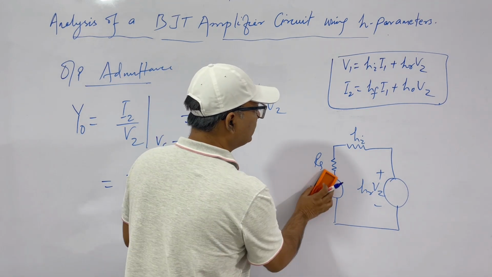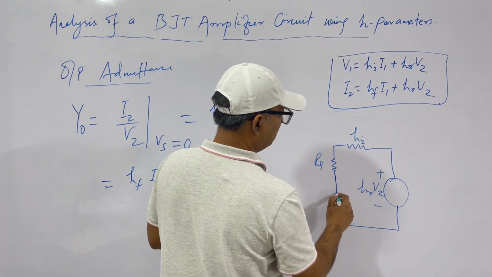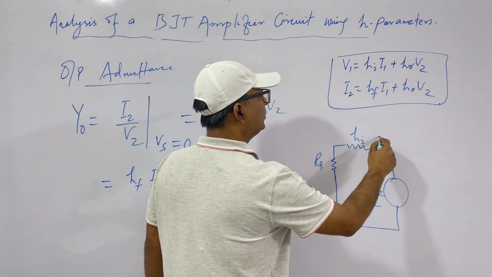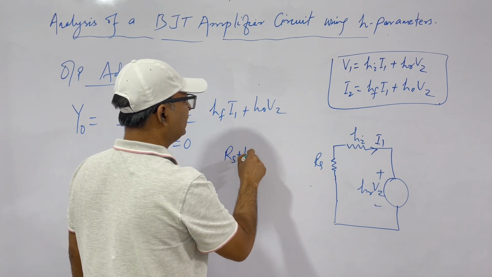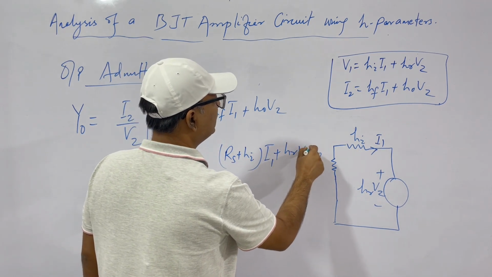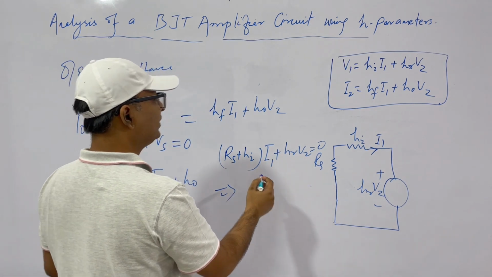Now at Vs equal to 0 means short circuiting this, and this current is I1. RS plus HI into I1 plus HR V2 is equal to 0. This means we have I1 by V2.